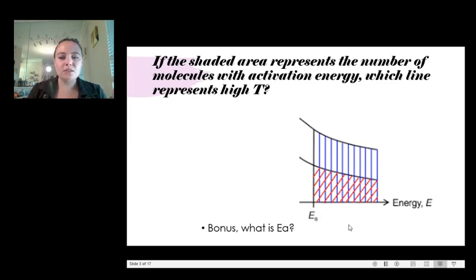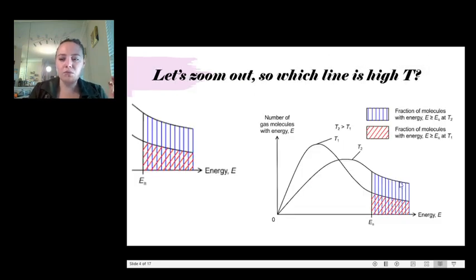So now we're going to zoom out of this graph. The blue line is actually the shorter hump. So even though this line is taller, if we say that the area under the curve is how many molecules have activation energy, then it makes more sense to say that T2 has more area under the curve, more molecules with enough energy to react, so T2 has to be the higher temperature.